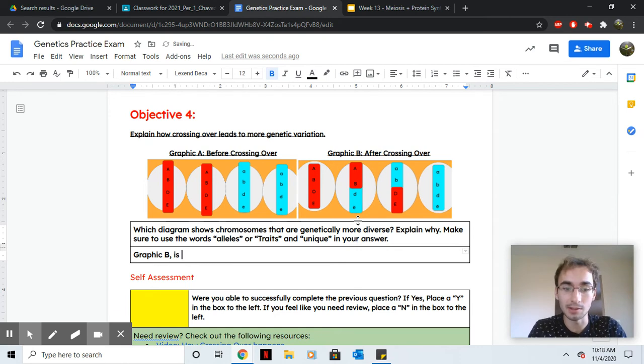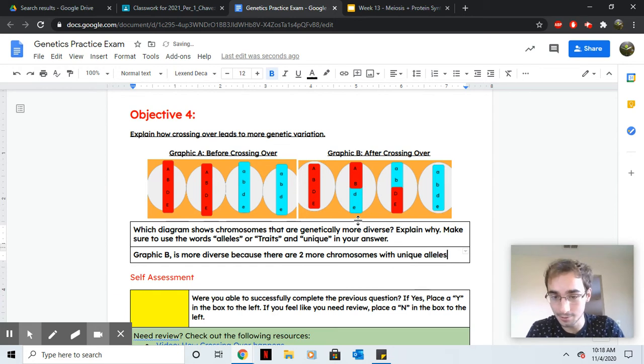Graphic B is more diverse because there are 2 more chromosomes with unique alleles. So these 2 have unique alleles, whereas this one only has 2 different types. All of these chromosomes are different.